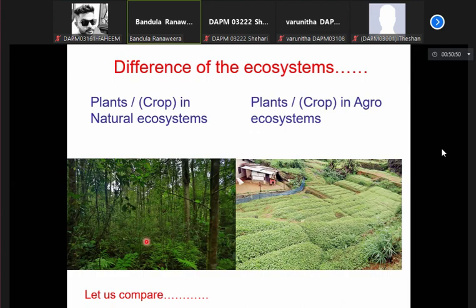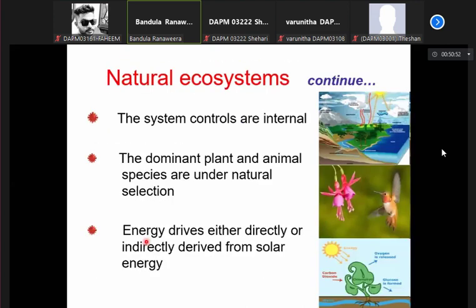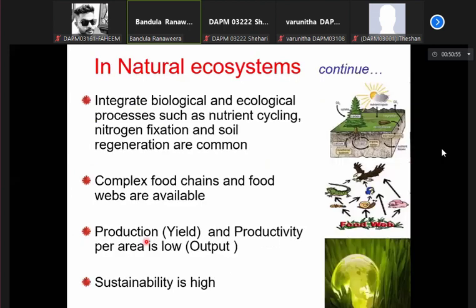What you have mentioned earlier, that yield or productivity is... One answer is already given here, because in a natural ecosystem we do not take any output.